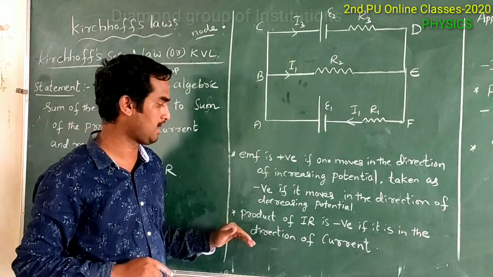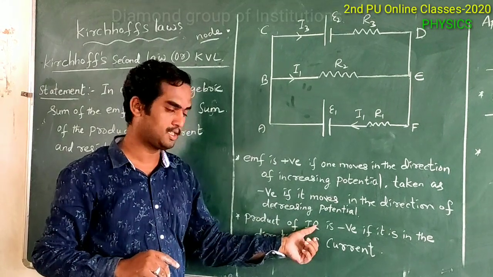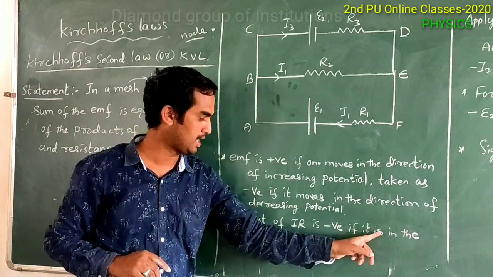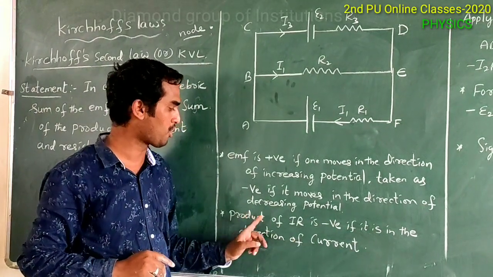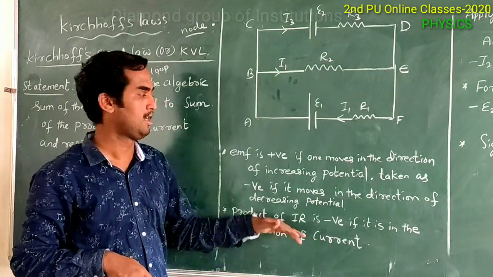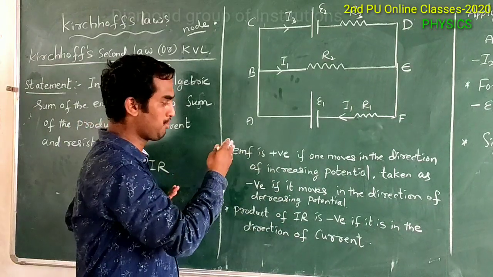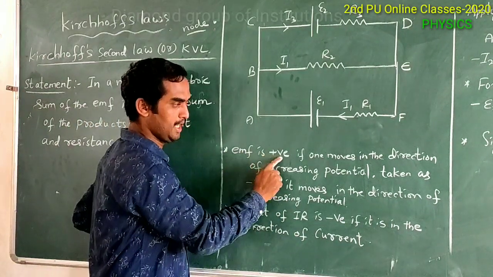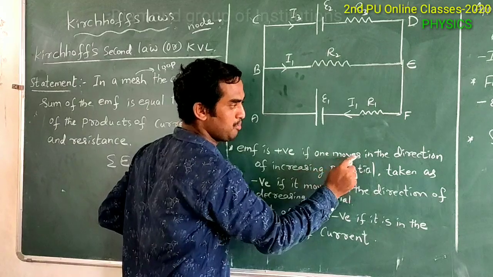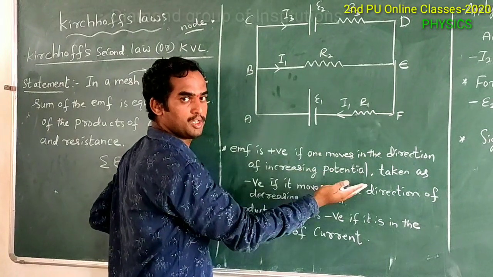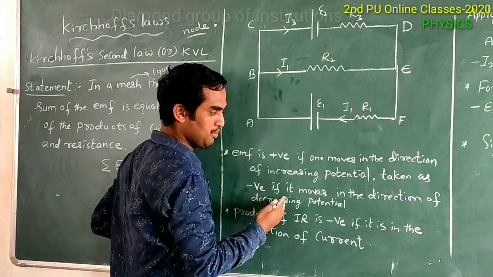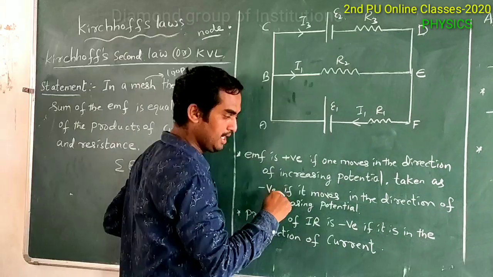And one more point regarding current and resistance: the product of current and resistance is taken as negative if it is in the direction of the current, and this product will be taken as positive if it is opposite to the direction of the current. So once again, the most important rules here: EMF is taken as positive if it is moving in the direction of increasing potential, and negative if it is moving in the direction of decreasing potential.